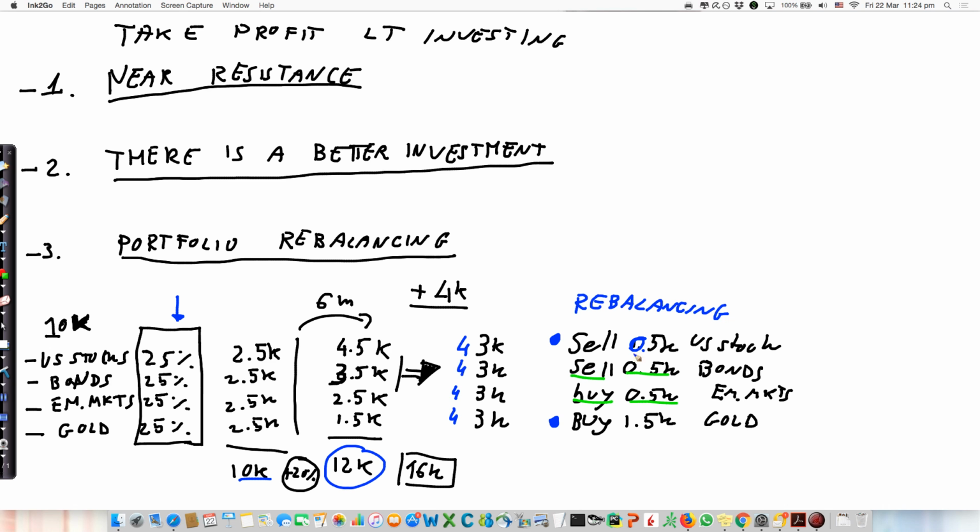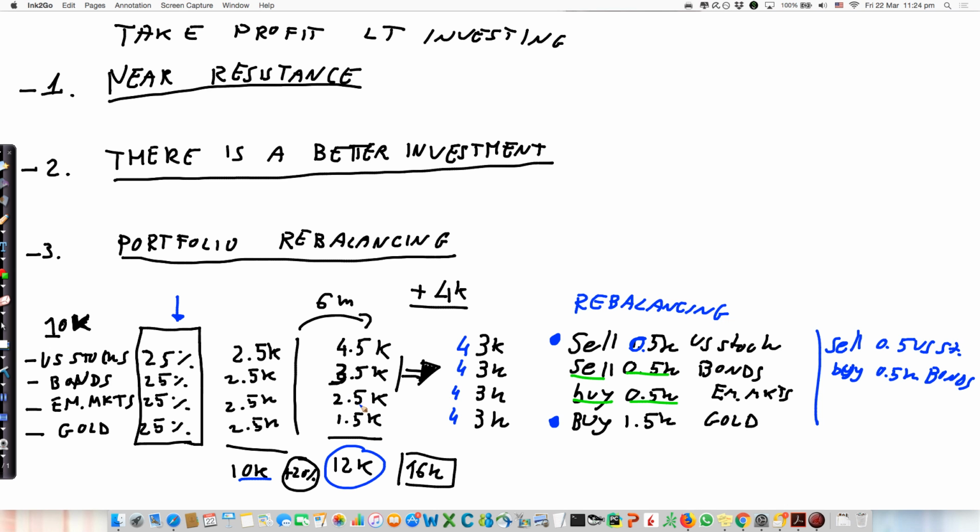Here you will, actually it's better if we write it here. You will sell 0.5 of US stock, right? Because you have 4.5, you want to reach 4. Here you have 3.5, so you have to buy 0.5K of bonds.